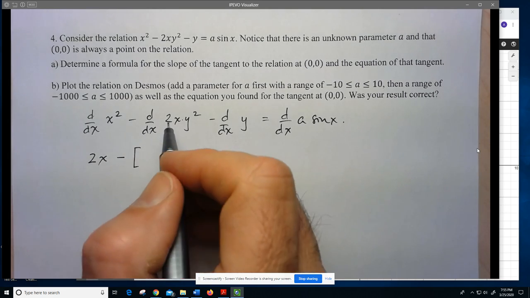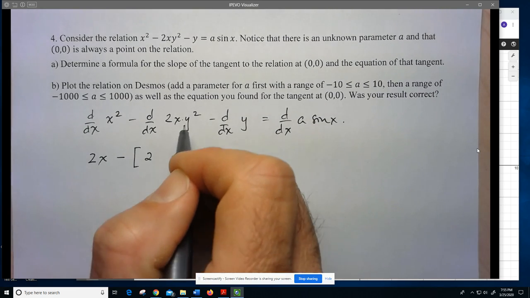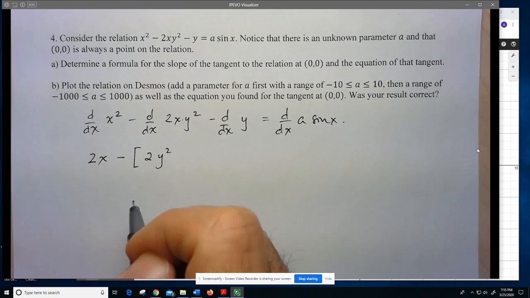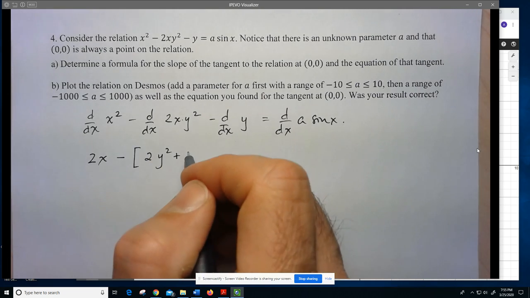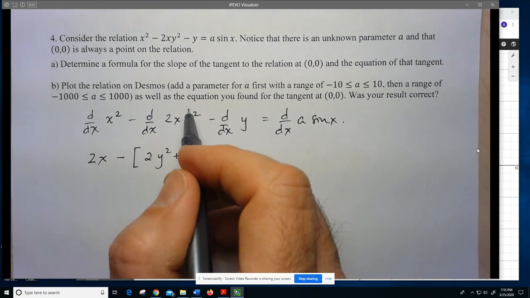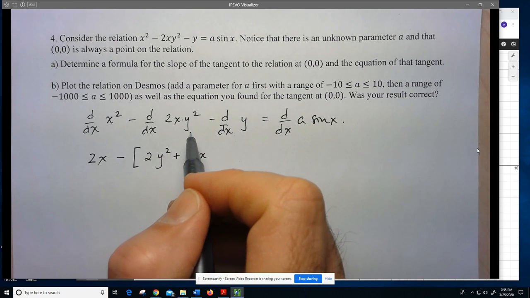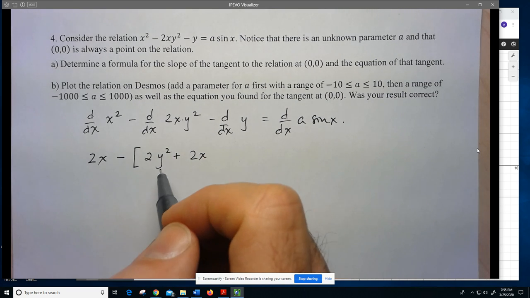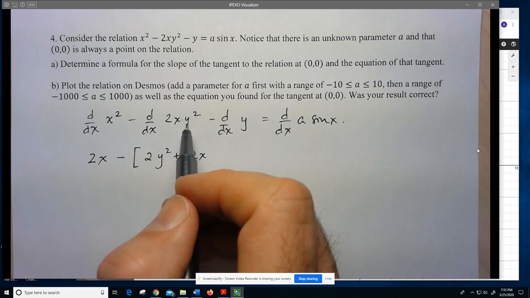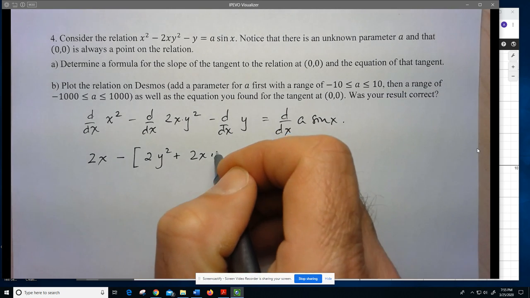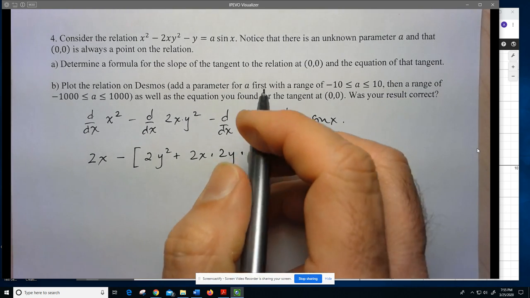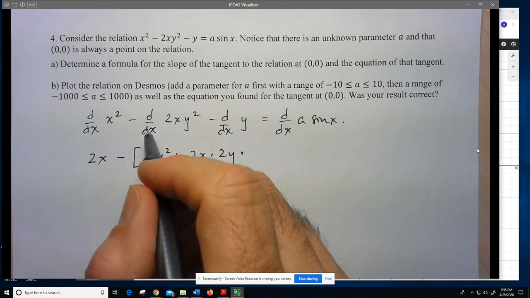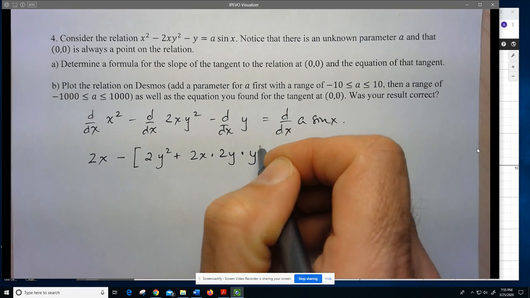The derivative of 2x is 2, times the second function y squared, plus the first function 2x times the derivative of y squared. But remember, with respect to x, so I'm going to have to use the chain rule. First I'll take the derivative of y squared, that's just 2y, and then times the derivative of y with respect to x, which I'll just write as y prime.